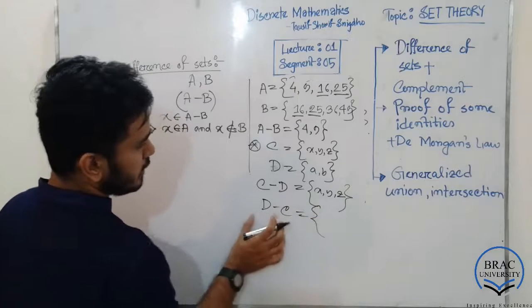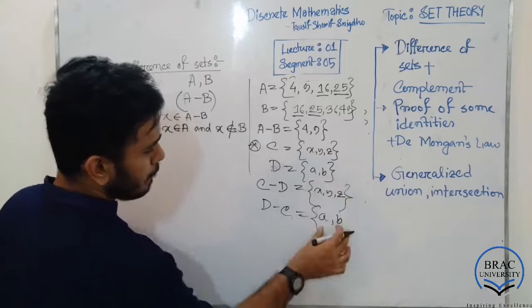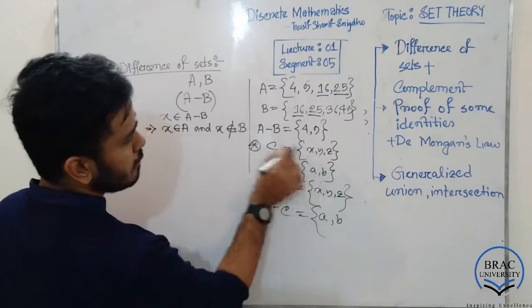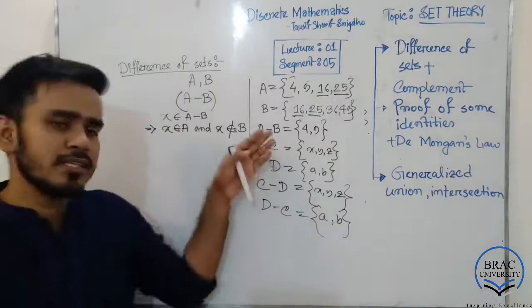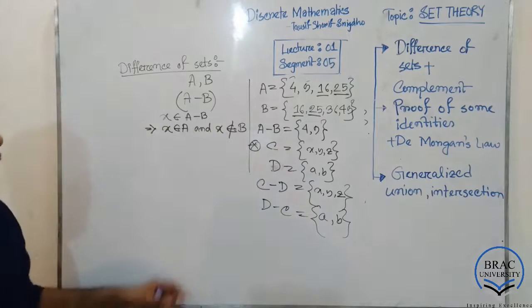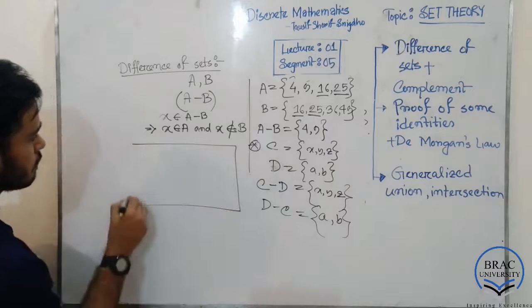Yes. In this case, all of the elements of D will be contained by D minus C and none of the elements of C will be taken, right? Okay, so this is how we determine A minus B, and we can see the Venn diagram presentation of difference of sets.